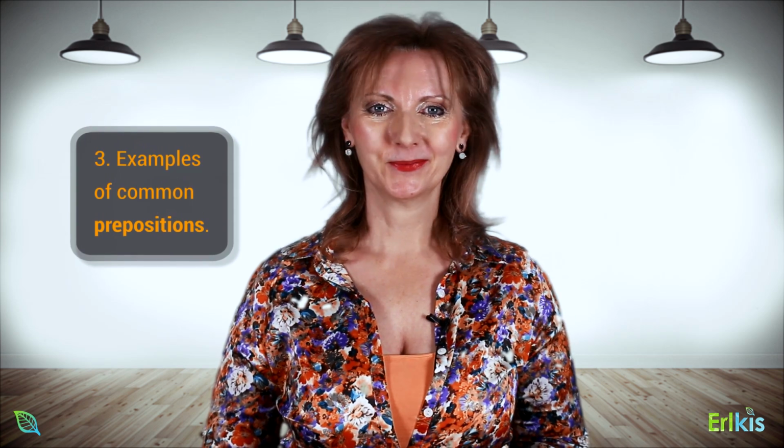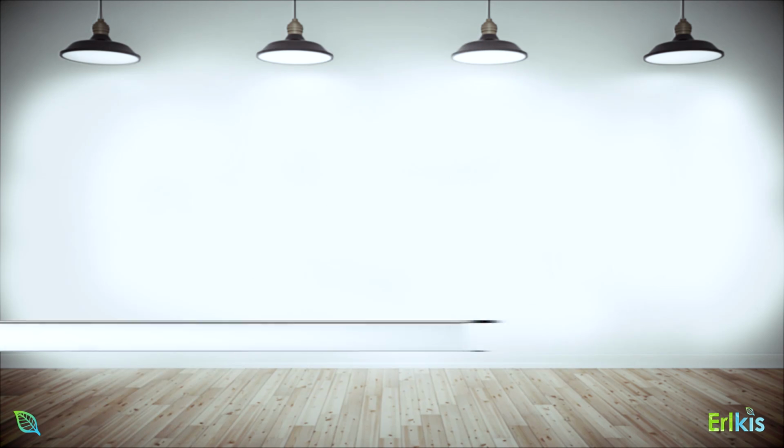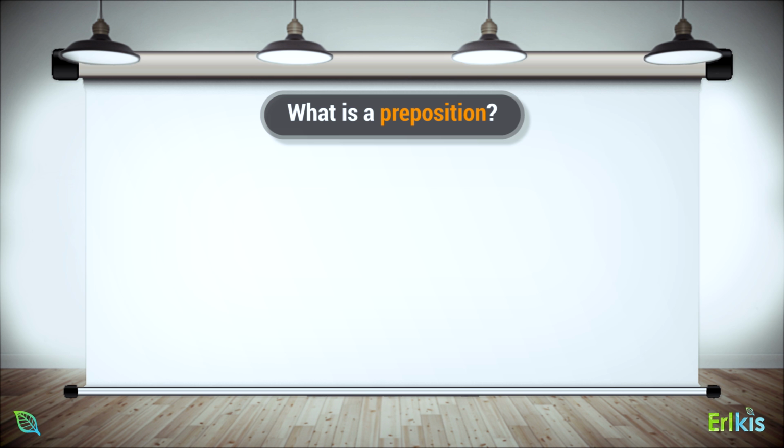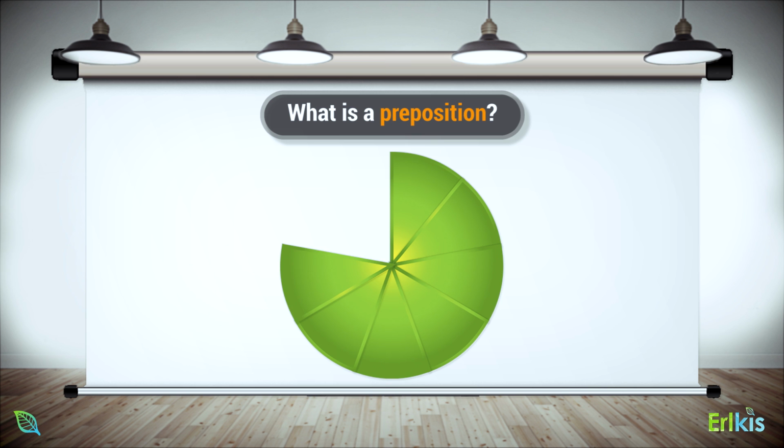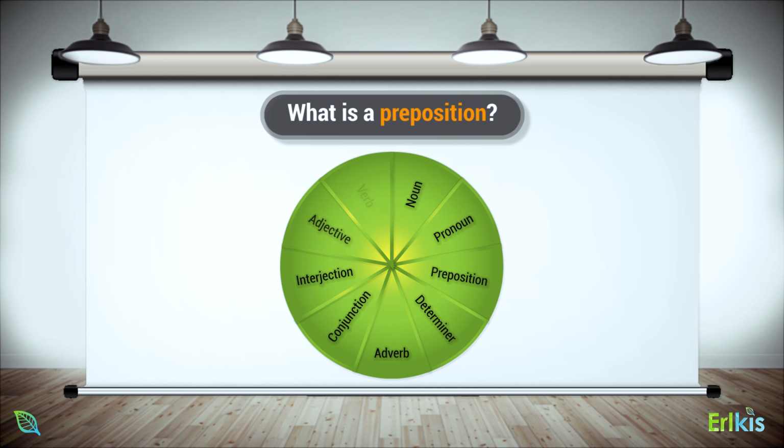Let's start with the definition. What is a preposition? A preposition is one of the 9 parts of speech within the English language.